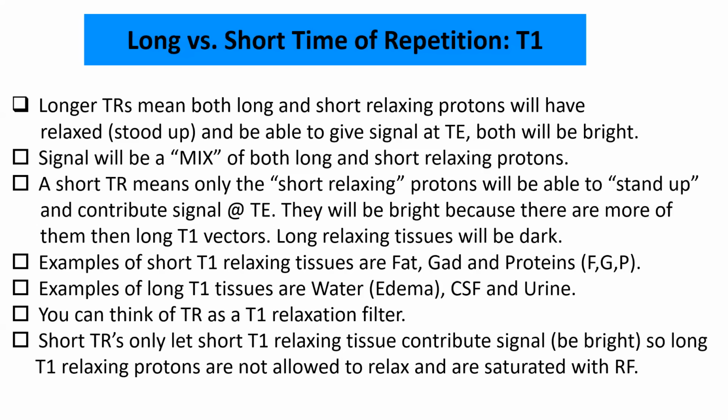So if you want to think about TR, it's a T1 relaxation filter. Short TRs only give enough time for short T1 tissue to relax so that it can be bright. So with a short TR, we're excluding long T1 relaxing tissues, which is water and edema. Remember, we're following the water, guys.